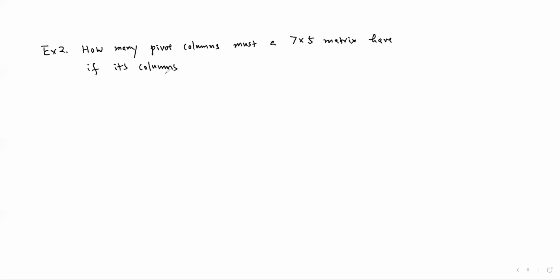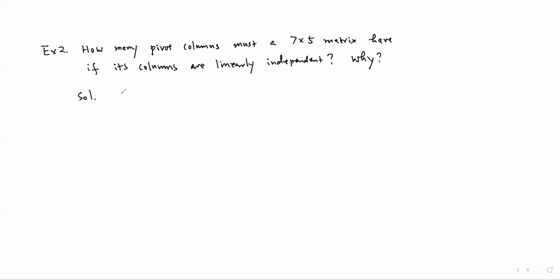One column of a matrix is a vector. Explain your answer. Why? Okay, now the solution.